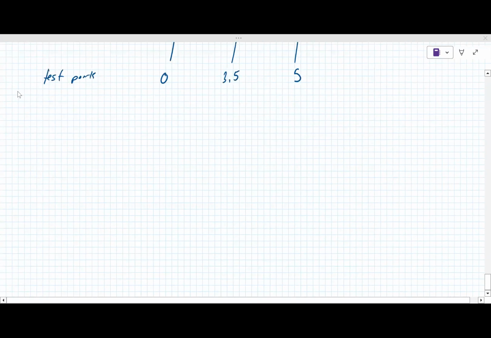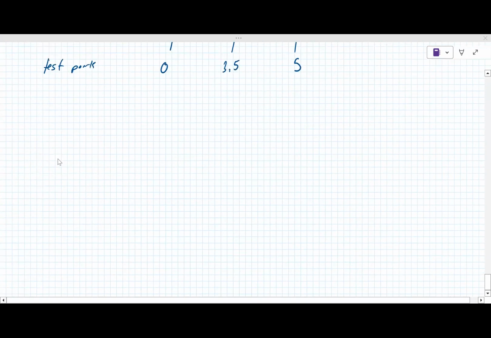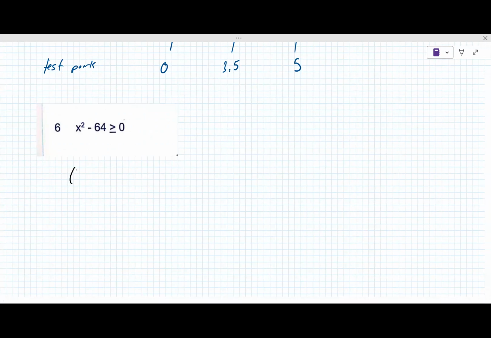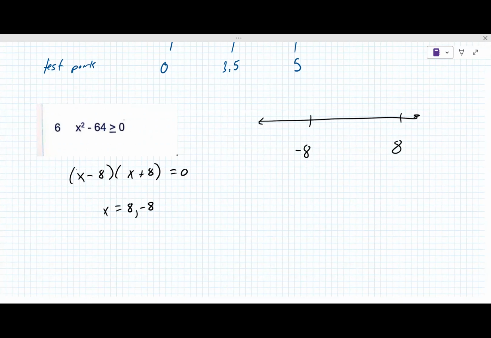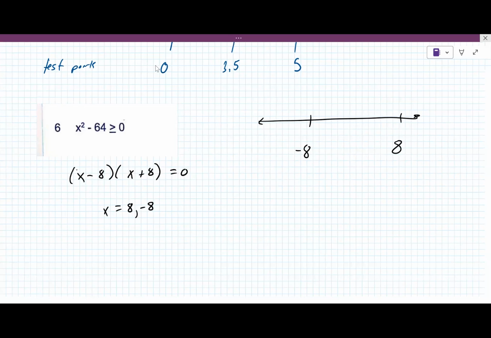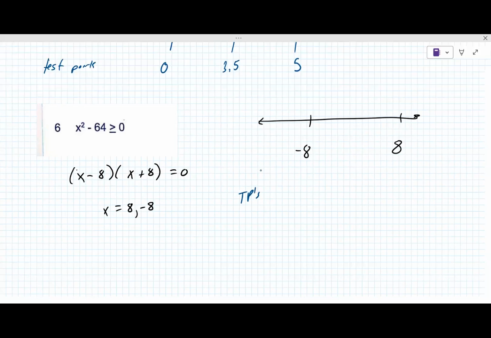All right, so I'm going to quickly do this number 6, and then we're going to close out for today. So x squared minus 64 is a difference of squares. It's 0 at 8 and negative 8. Your number line is negative 8 and 8. Your test points could be negative 10, 0, and 10.